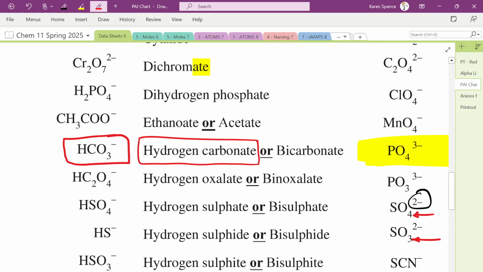It's a hydrogen stuck on a carbonate, but it's just one thing. So don't try to work out how many hydrogens you need and how many carbonates you need. You just need hydrogen carbonate, okay? Same thing with hydrogen oxalate, hydrogen sulfate, hydrogen sulfide, hydrogen sulfite. Remember, you're only ever going to have 2 ions, not 3 ions, just 2, okay?